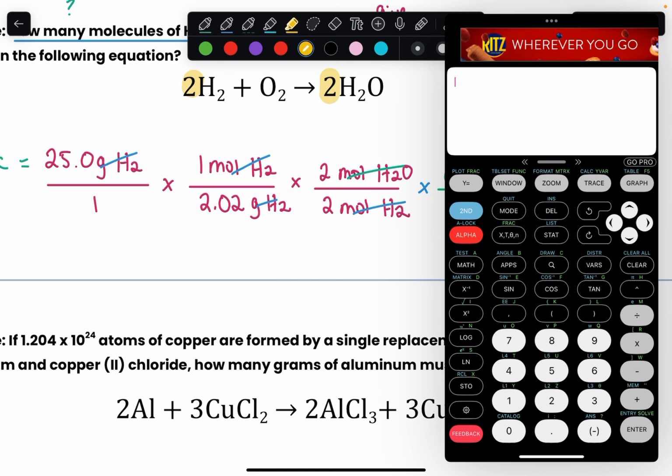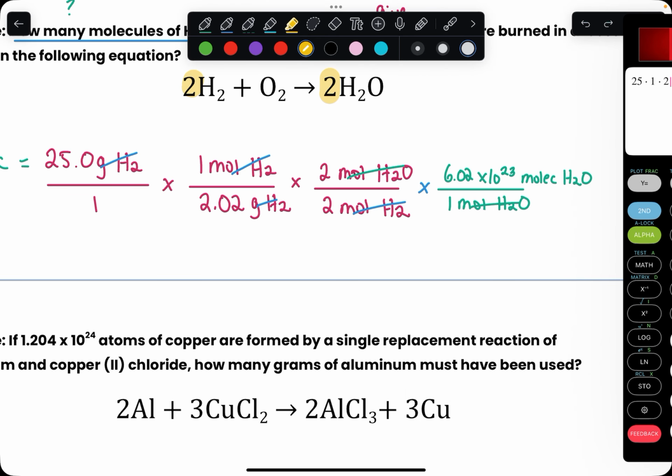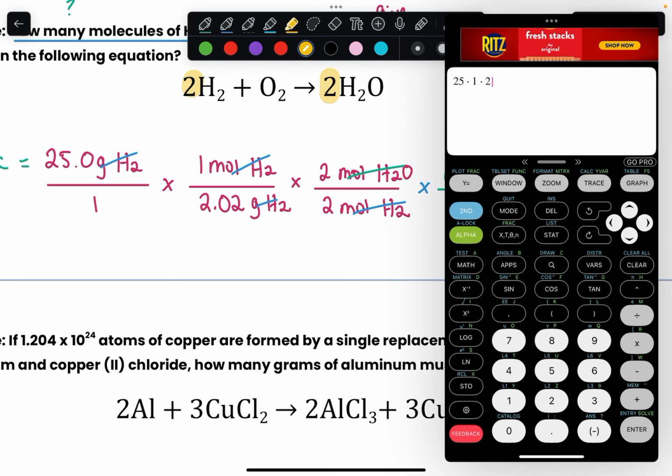Looking at how we go ahead and do the math on this problem, we're going to go 25 times 1 times 2, multiply all of our top numbers. And now Avogadro's number, recall when we put this in the calculator, it's really, really important that we use that double E button.